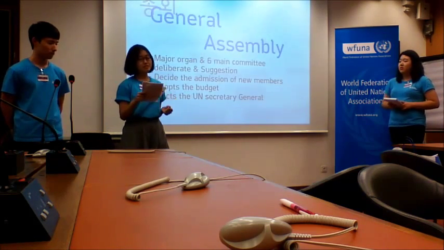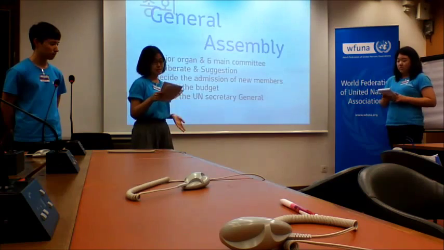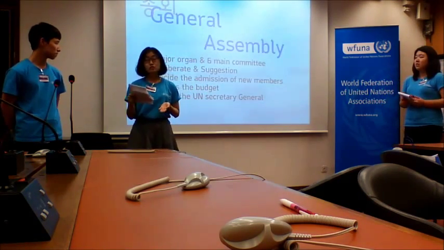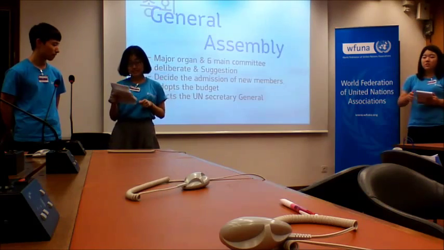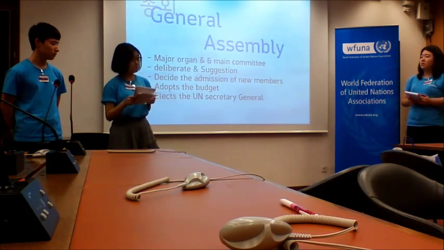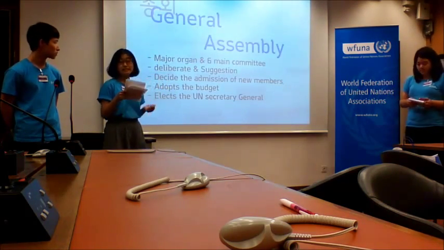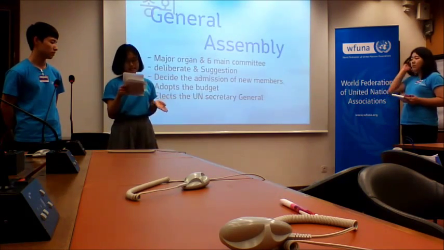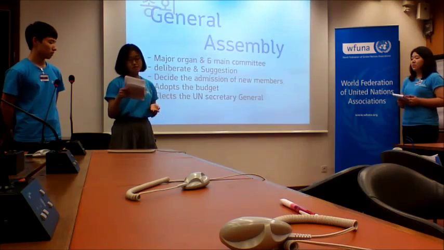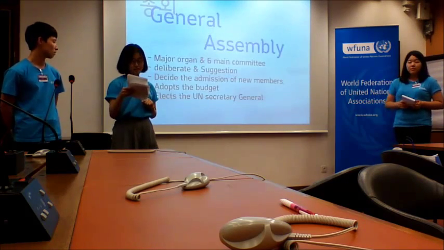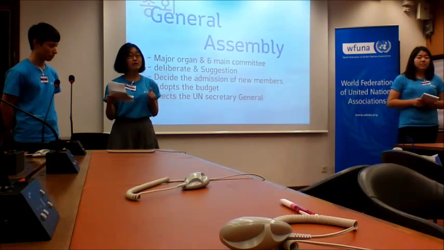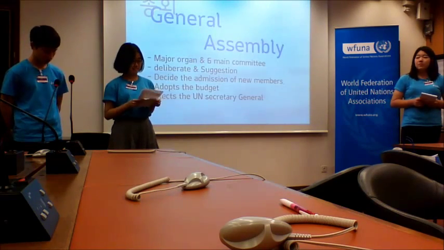It is known as a deliberative organ, which means it has the right to deliberate and suggest ideas to member states. It decides admission of new member states and adopts the budget. And lastly, with the Security Council, the General Assembly elects the UN Secretary General. Each country is guaranteed 1 vote during the conference.